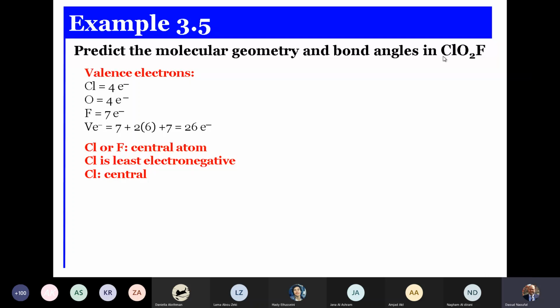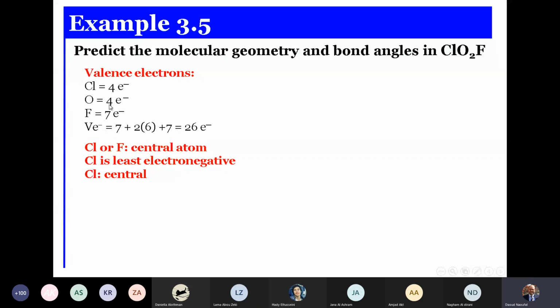Pay attention, as I said, in this exercise, the oxygen by theory should be the central atom. But he gave me an indication that in this structure, we have an exception. The central atom is not the oxygen. The central is Cl or F. I have to choose which is less electronegative, so the central is Cl. Cl has 7 valence electrons.